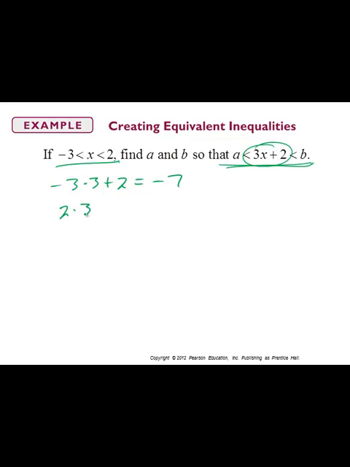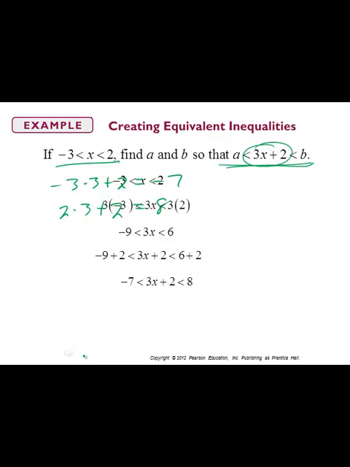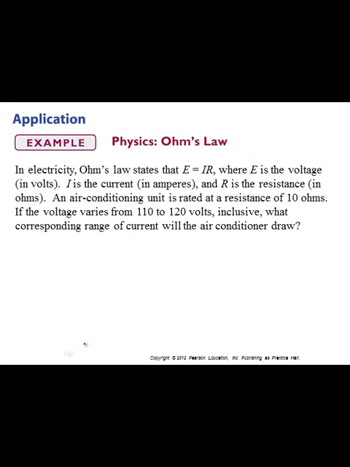So 2 times 3 plus 2 is equal to 8. So a would have to be -7 and b would have to be 8 in order for this inequality to be true. So that's what we're doing there. Okay? So you'll see at least one homework problem asking you to do the same sort of sequence of steps.